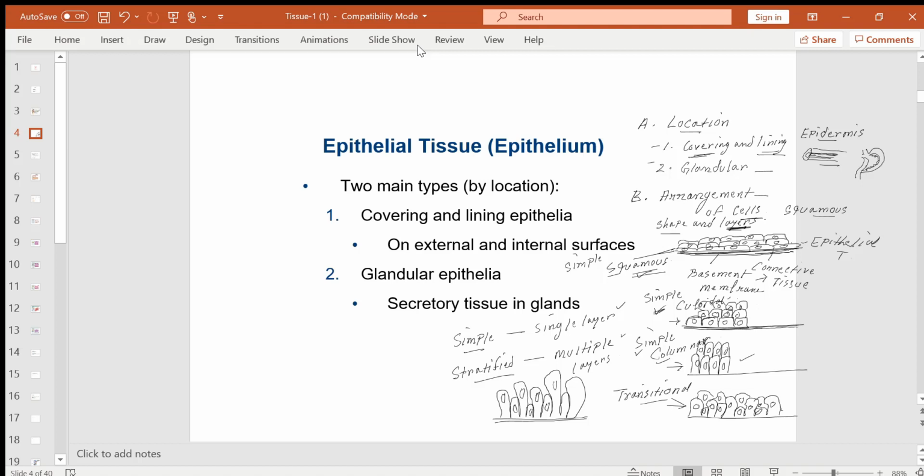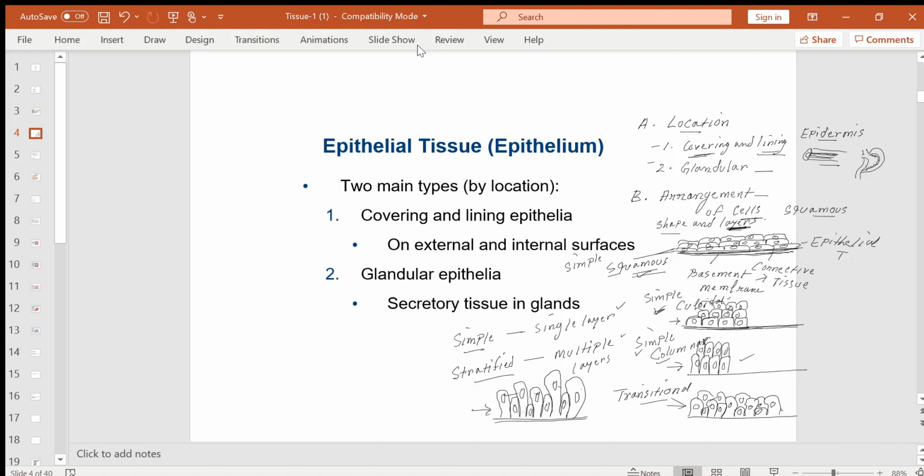And although here you see a single layer of columnar cells, since the height of these columnar cells is different, when you see this tissue under the microscope, because of different heights of the cells and the location of the nucleus is different, it will look like multiple layer under the microscope, although it is a single layer.